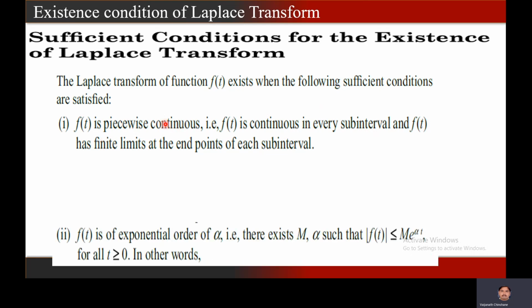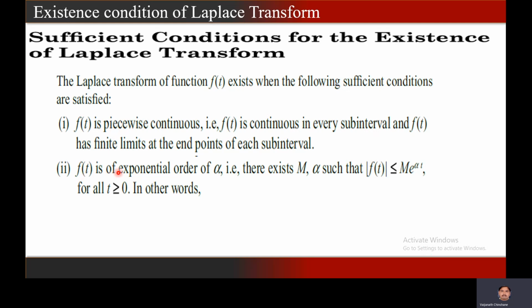This is the first condition, and the second condition is that f of t is of exponential order alpha. What is meant by exponential order alpha? There exist a capital M and alpha such that mod of f of t is less than or equal to capital M e raised to alpha t for all t greater than or equal to 0. In other words, the quantity e raised to minus alpha t f of t, when we take the limit t tends to infinity, this quantity must be finite.